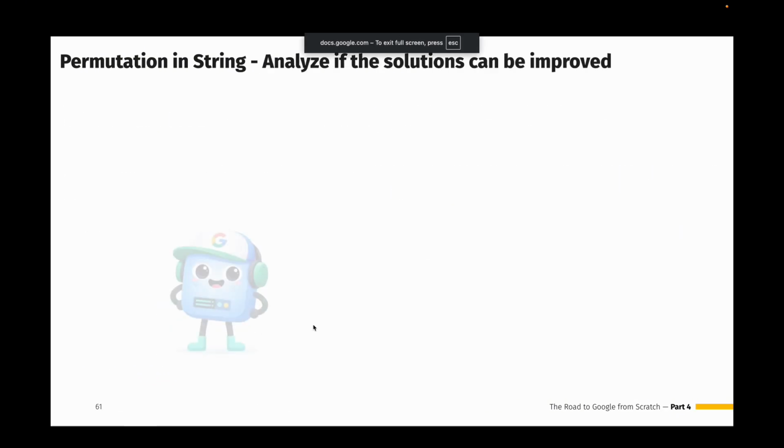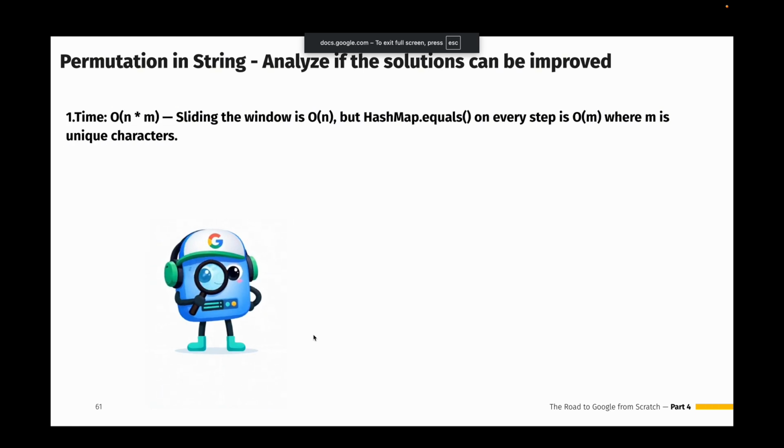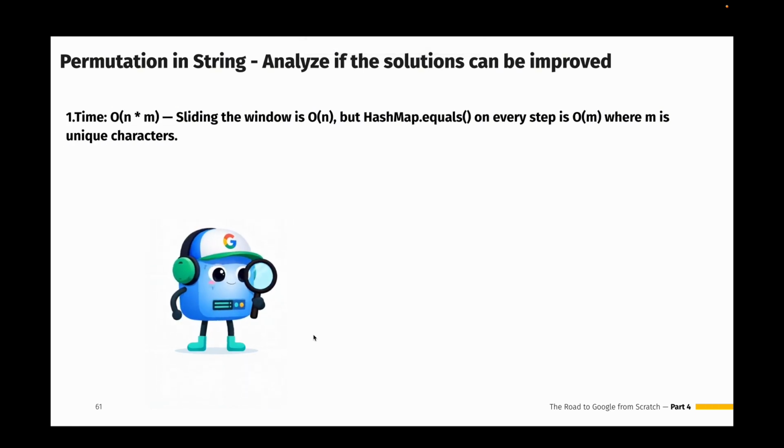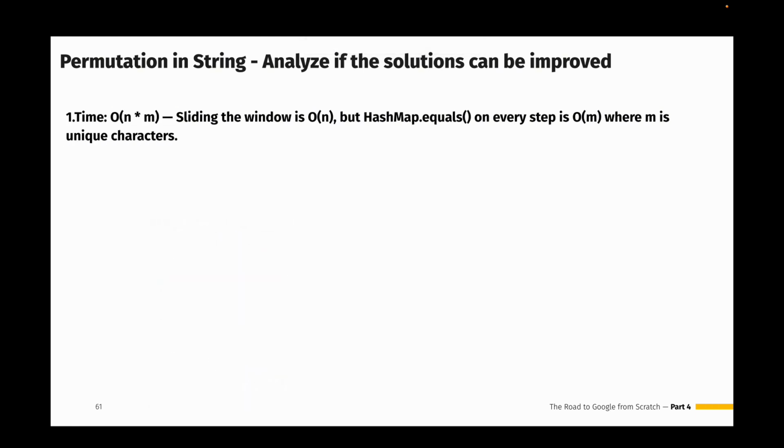Now let's analyze our solution. The time complexity is O(n) multiplied by m, because sliding the window is O(n), but the HashMap equals method on every step is O(m), where m is the number of unique characters. That's why we have this time complexity.